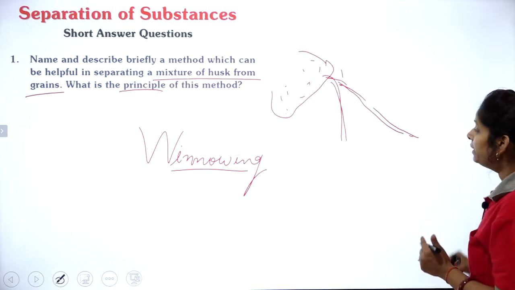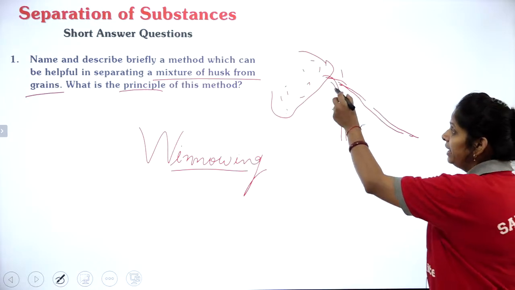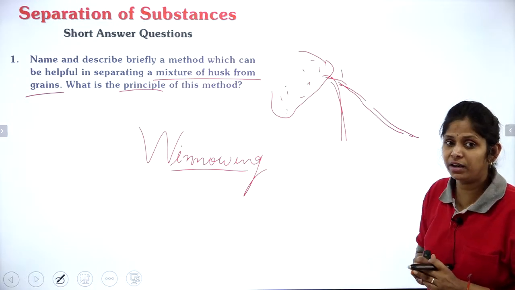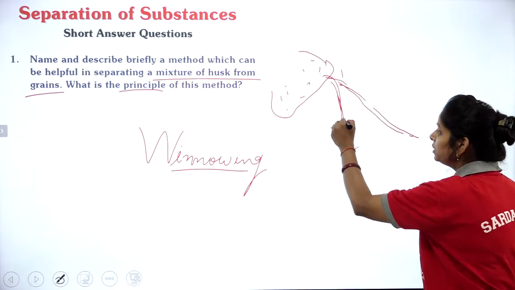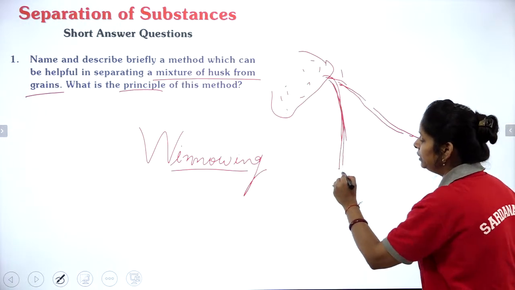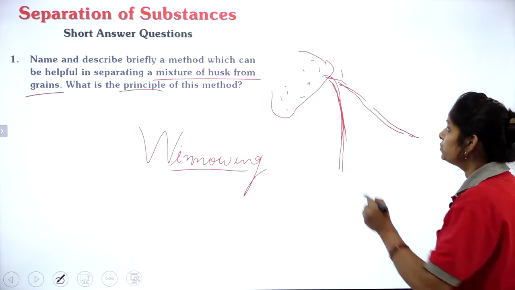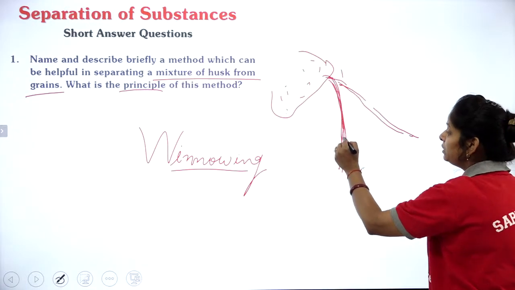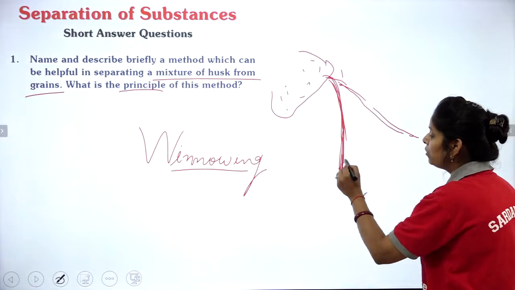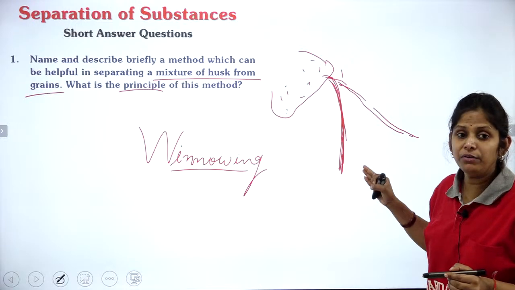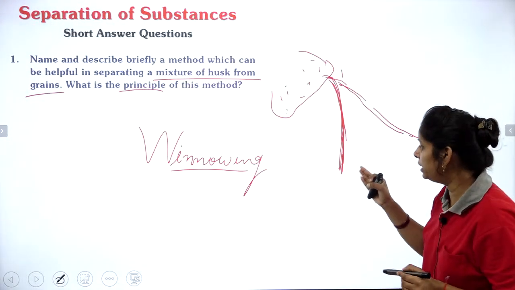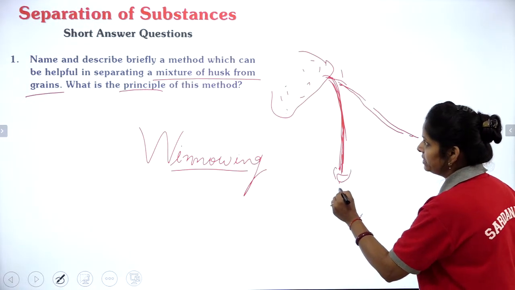Clear? Now the grains, because of being heavier, fall on the ground vertically, in a straight direction. Because of being heavier, they fall down to the ground vertically and form a heap of grains.